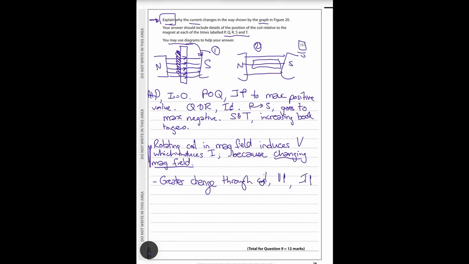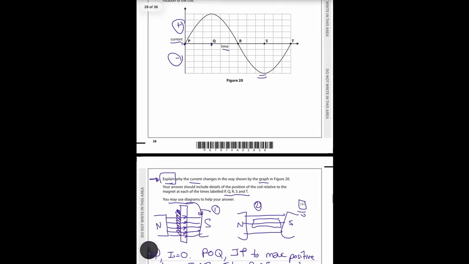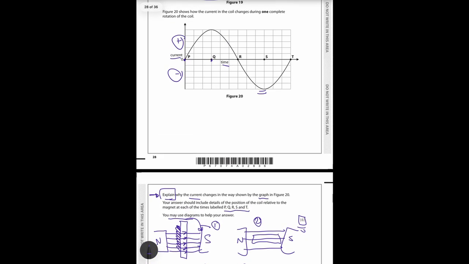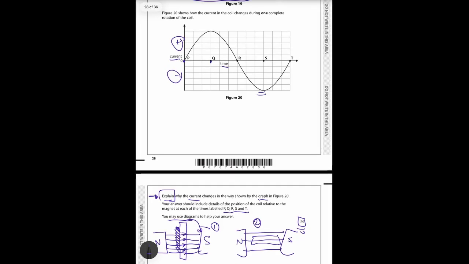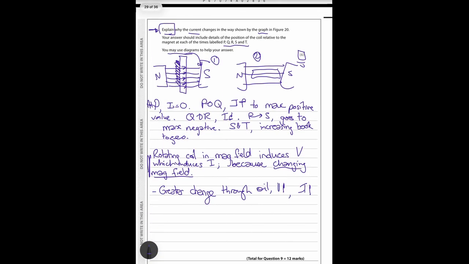Okay, so when is there going to be a greater change through the coil? Well, at P there was zero current, and at Q it was maximum, so I know that Q must have had a really big change through the coil, and P must have had barely any change. So P has barely any change, or no change, I should say, really.